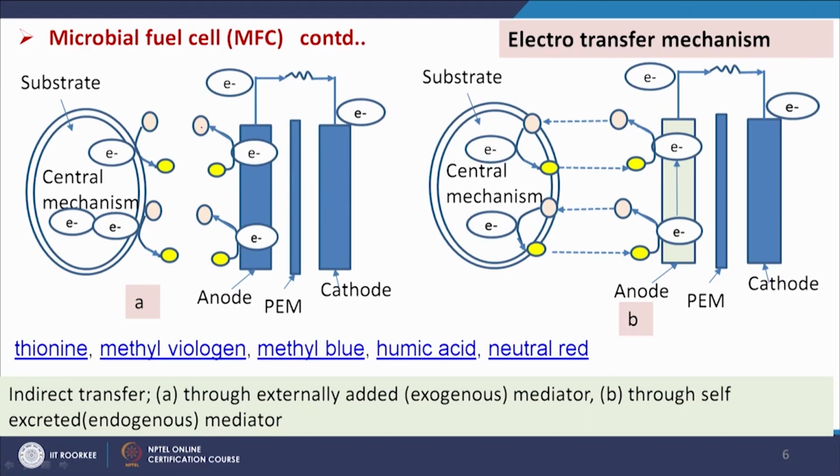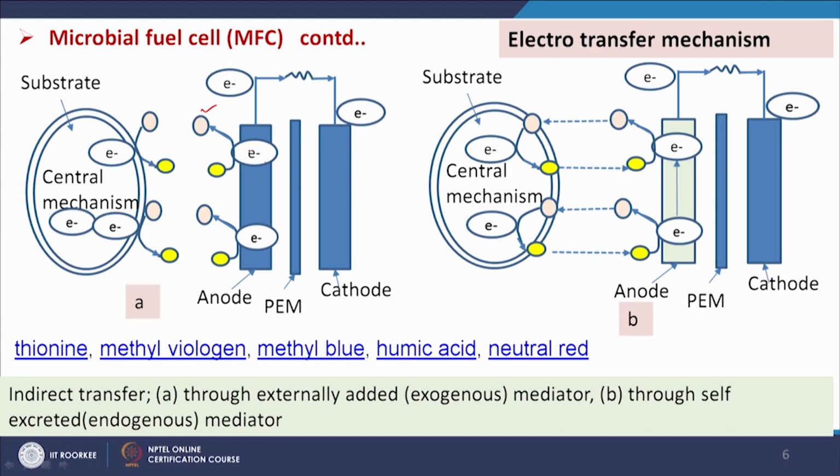The mediator takes the electron from the cell due to the degradation of the organic compound, reaches the anode and releases the electron, and then, being free from the electron, it comes back and takes the electron again, and like this.